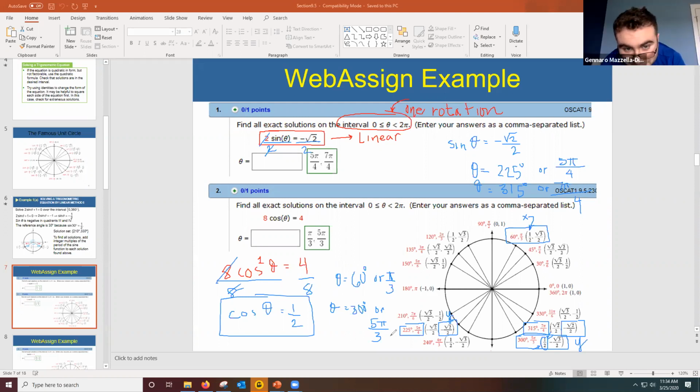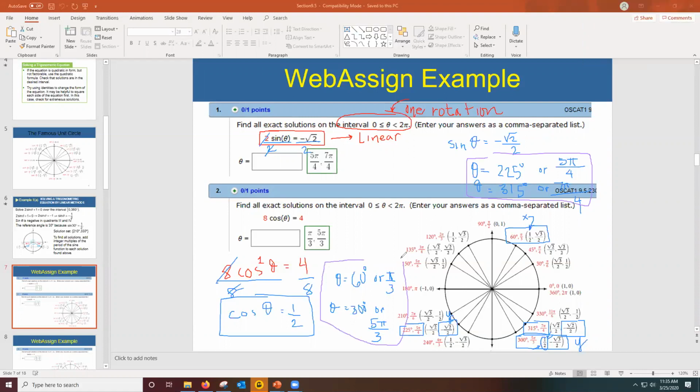Yeah, well, notice for the top problem we worked on, we came up with two answers, and for the bottom problem, we also happened to come up with two answers. So there were two angles for each of these examples. Is that always going to be the case? The answer is no. It's going to depend on the particular problem you're working on.